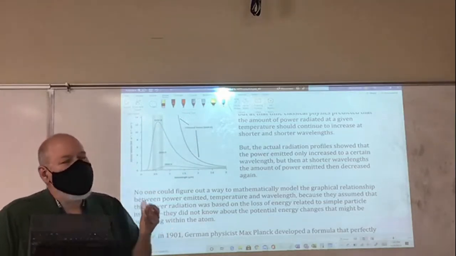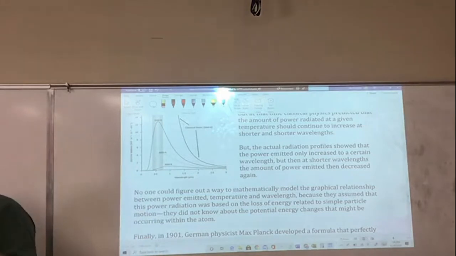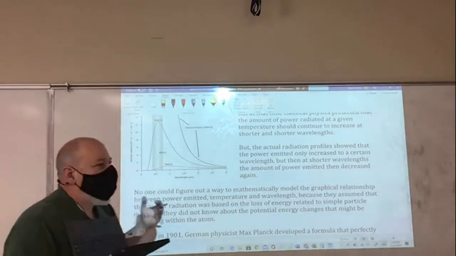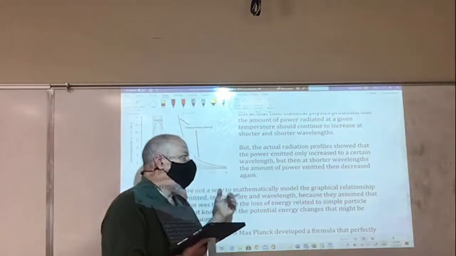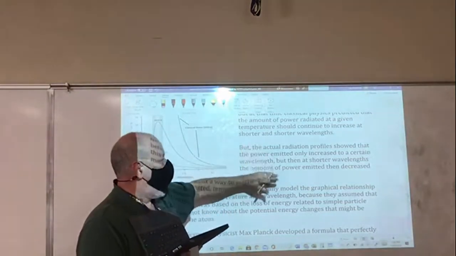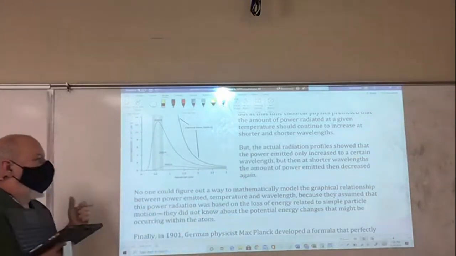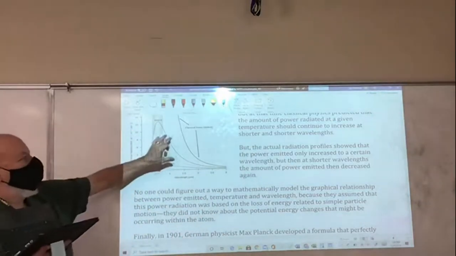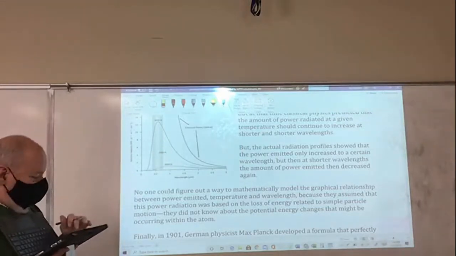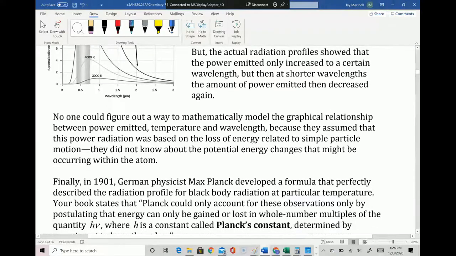But we didn't understand that atoms were anything other than just particles. We didn't know about electrons yet. We didn't know about protons yet. We didn't know about neutrons yet. So the actual radiation profile showed that the power emitted was different than what classical physics predicted. And no one could figure out a way to mathematically model this relationship.